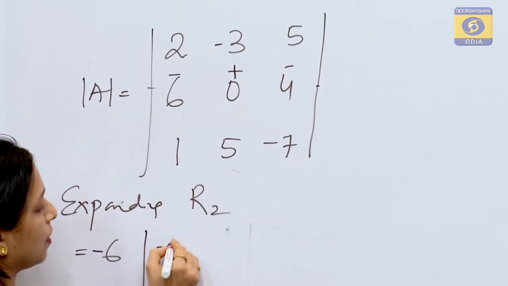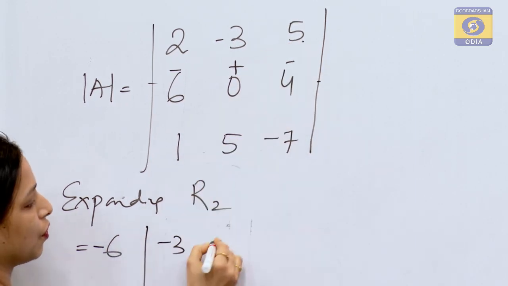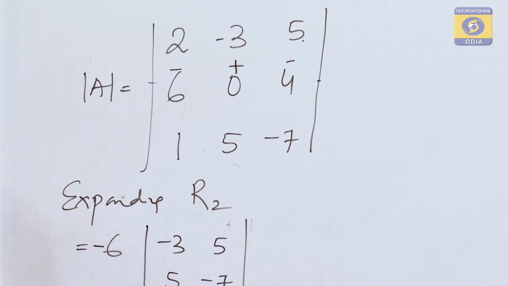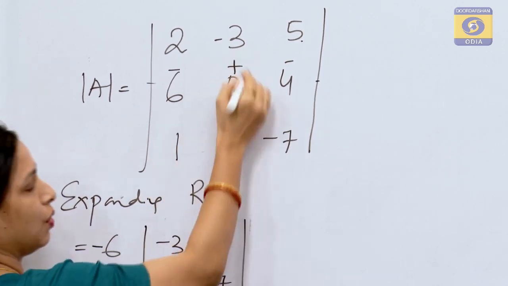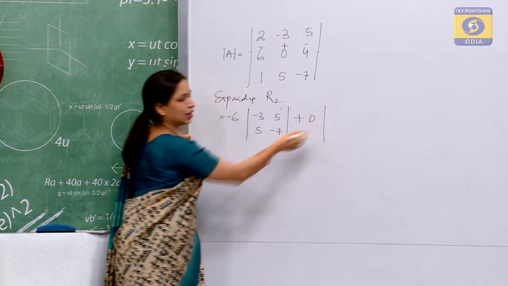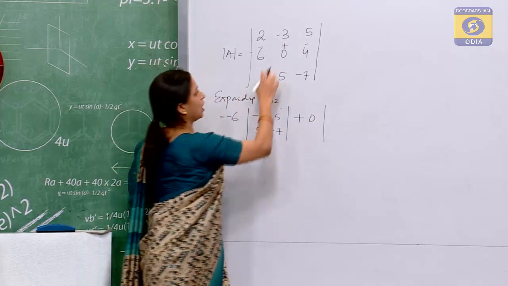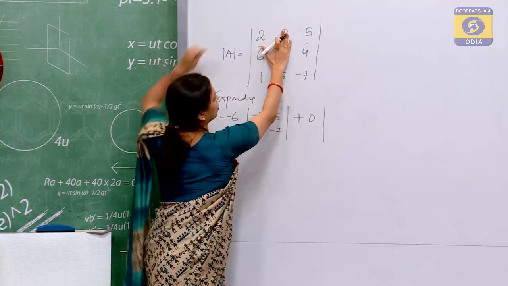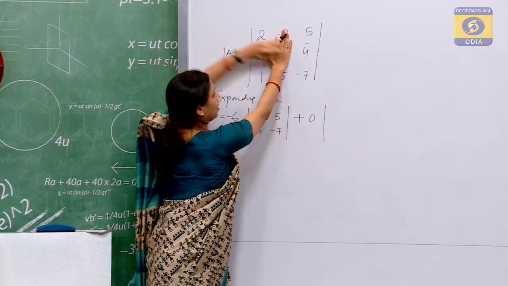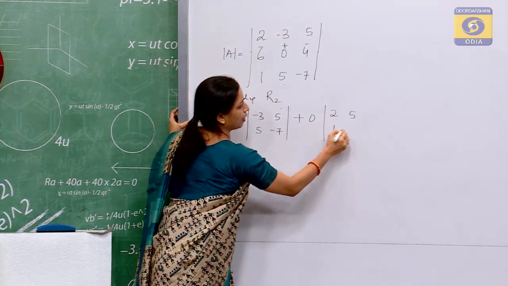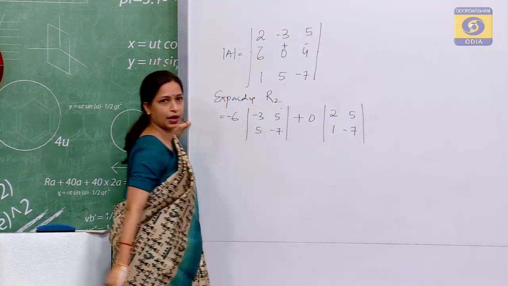So, that means minus 3, 5, 5, minus 7, right, 0. So, 0's positional sign is plus 0. So, the ultimate result will be 0, but still for your understanding I am putting the determinant elements. So, this is the row and column. So, the resultant elements are 2, 5, 1, minus 7, right.